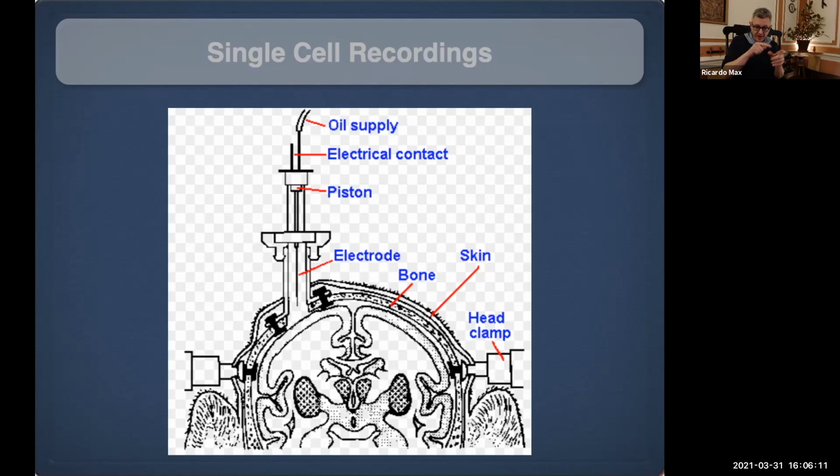So sometimes it takes many trials and errors until you receive a signal from one cell that sounds stable.